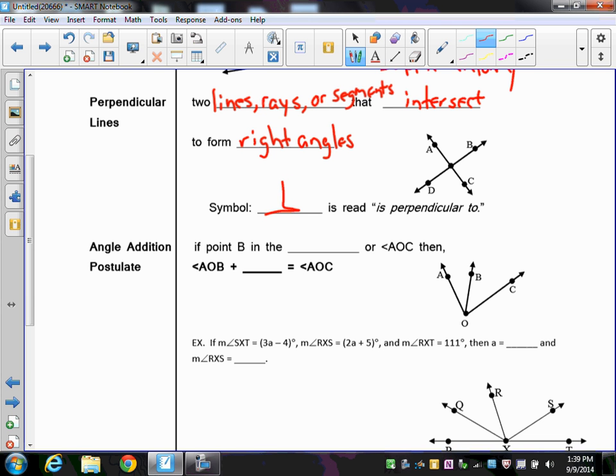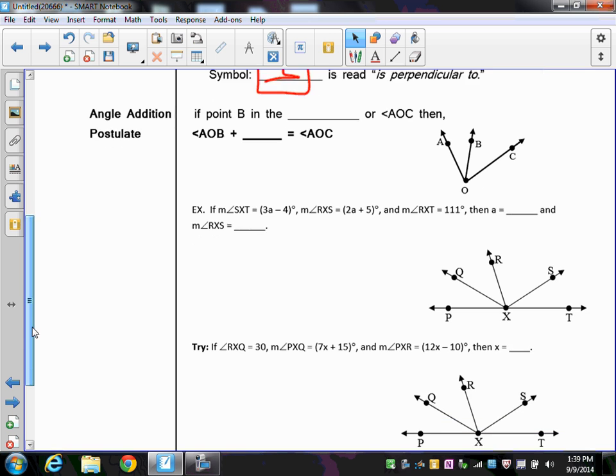We don't know that line AC and line DB are perpendicular unless we have a box. Remember, the box means 90 degrees. So again, that symbol means perpendicular.